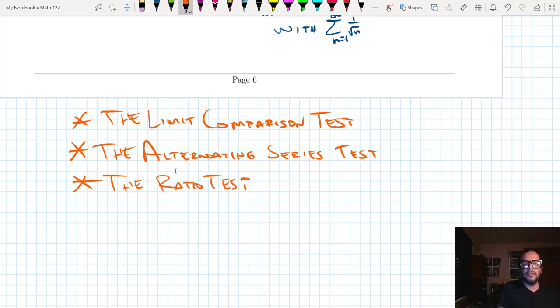And finally, the root test. That's about it. Those 4 tests are not in our textbook, so we don't have to cover them. Just the ones that we cover in this section.